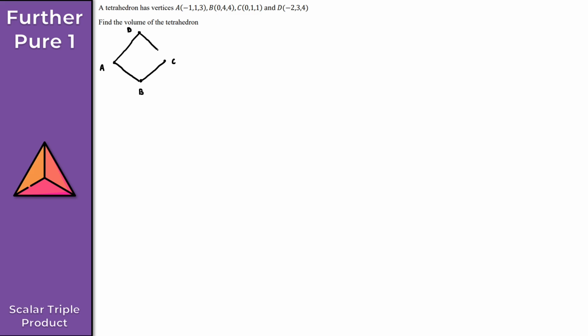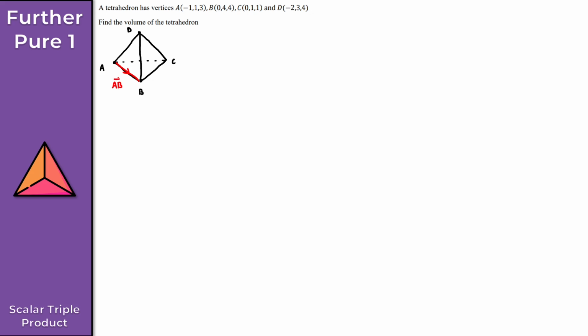Okay. As you can see, my art skills are certainly not the best, but it doesn't really matter too much. You get the idea. Like so. Okay. This here then is our tetrahedron. Now what I need here, again, just like we saw for the previous question, is a few different vectors. So we want this vector here. That's this vector AB.